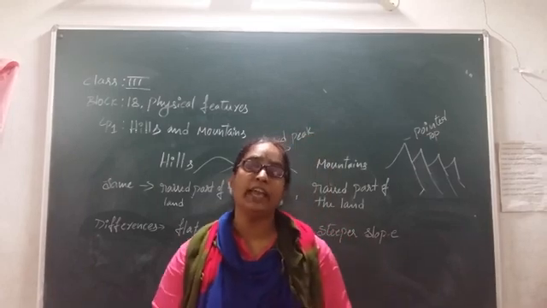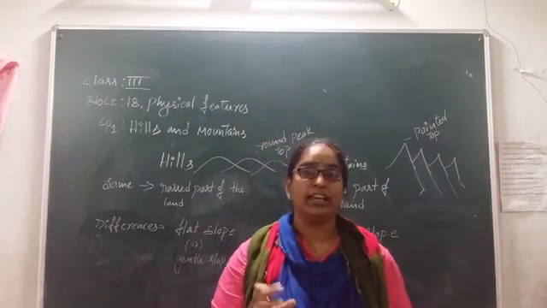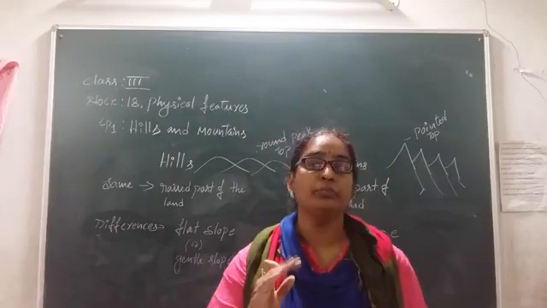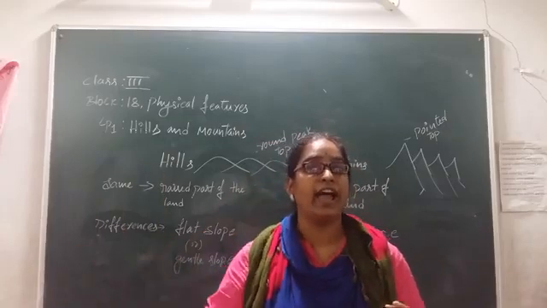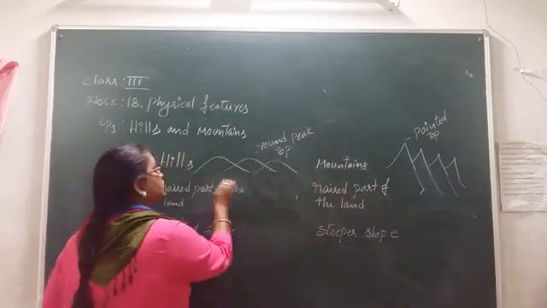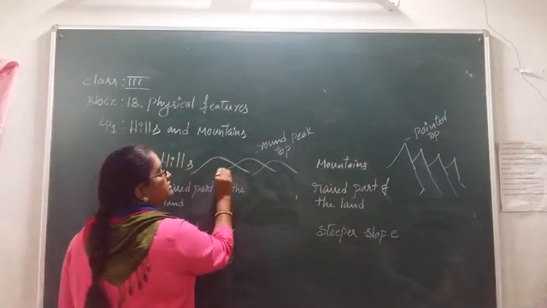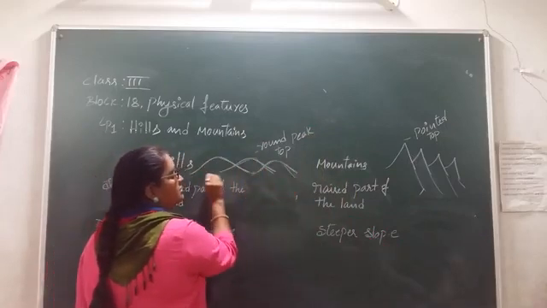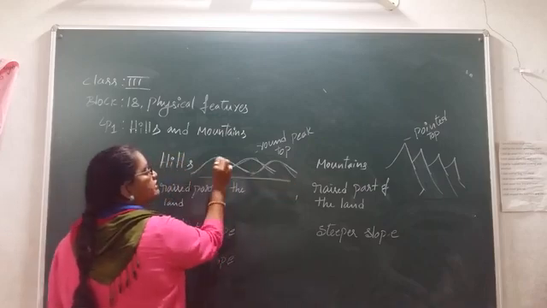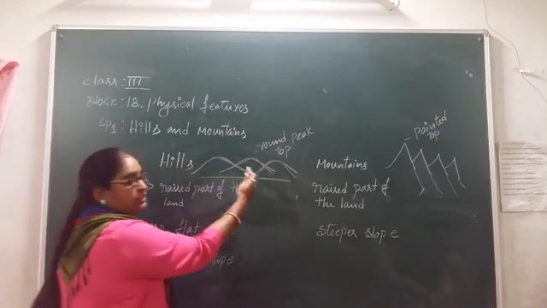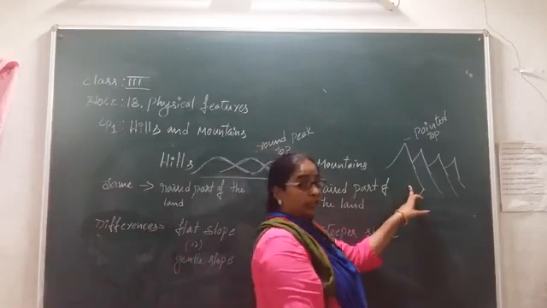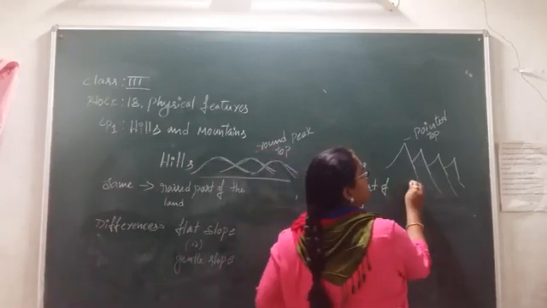Both are the same in one quality, that is the hill and mountain both are raised pieces of land. If you observe the picture, the hills are raised pieces of the land. This is the surface line and they are raised a little bit above the surface. And these are the mountains. What are these children? These are the mountains.